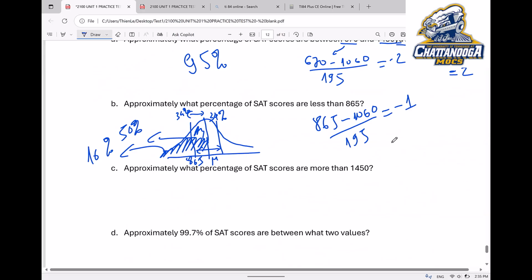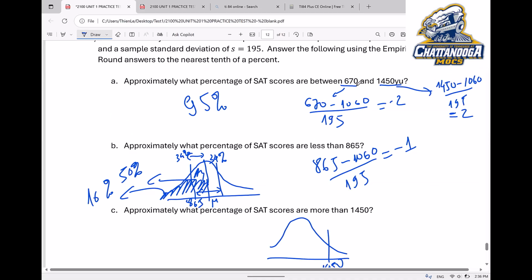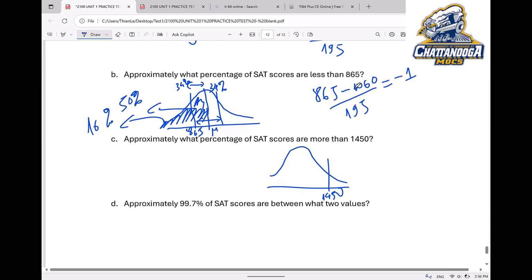So in the middle you get 47.5, which means on the side you get 2.5%. Here, 1450 is 2 standard deviations above the mean, which we just did in part A. And we know that this whole half is 50%.